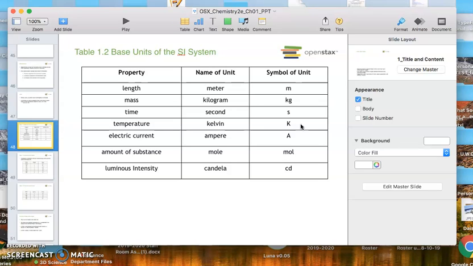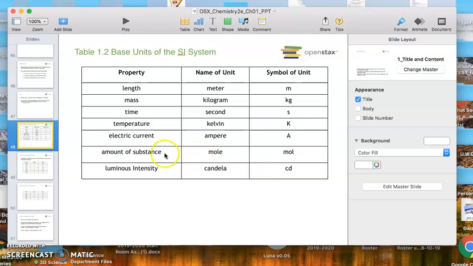We'll learn later in the chapter how to convert from Celsius to Kelvin. What you're familiar with, of course, is temperature in Fahrenheit, so we'll talk about how to convert from Fahrenheit to Celsius, and then how to convert from Celsius to Kelvin, and back and forth.